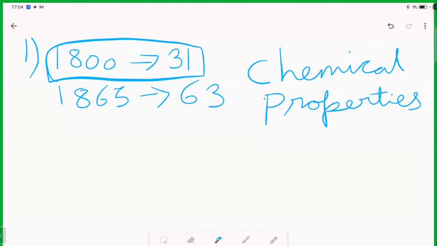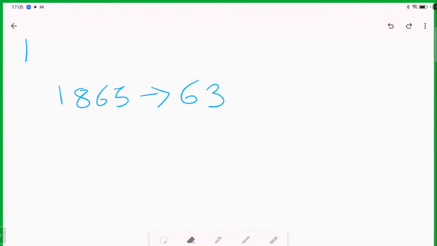But if everything is neatly, clearly organized, systematically classified, then it will be easy to find. With a similar logic, there was a need of classifying elements. So I guess the purpose of classifying elements is clear to us now.